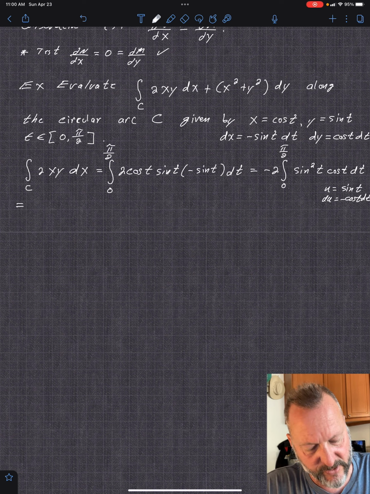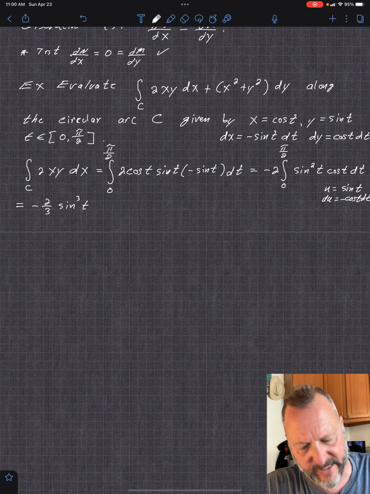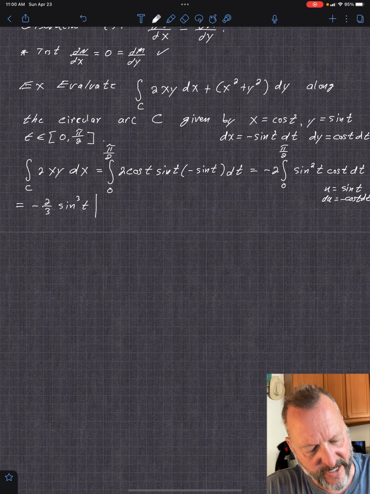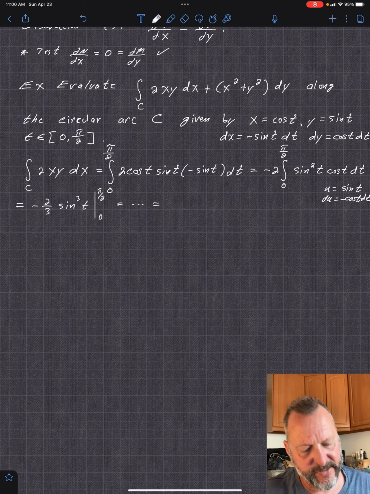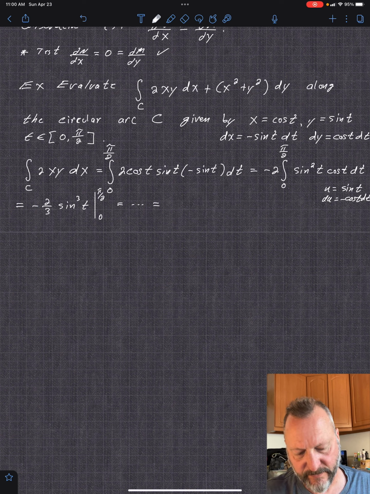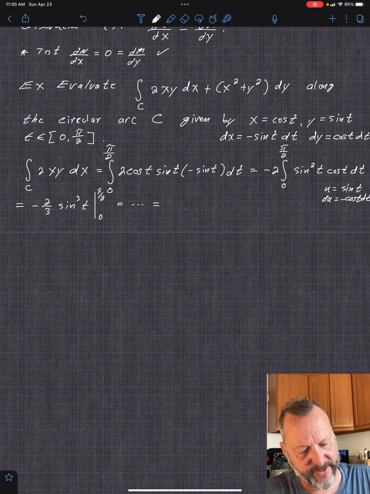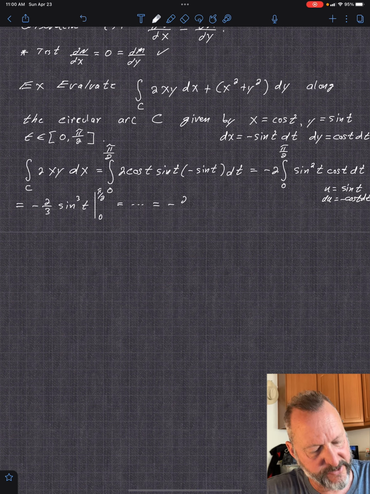You may want to spend more time on it, but you get negative 2/3 sine cubed t, and you're evaluating that from 0 to pi halves. Sine of 0 is 0, and then sine of pi halves is 1, so you get just negative 2/3.